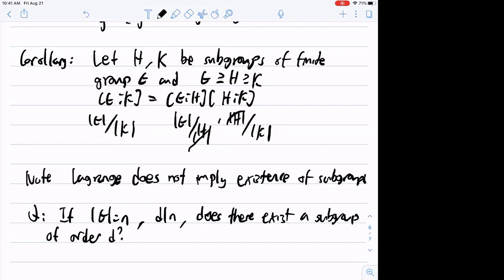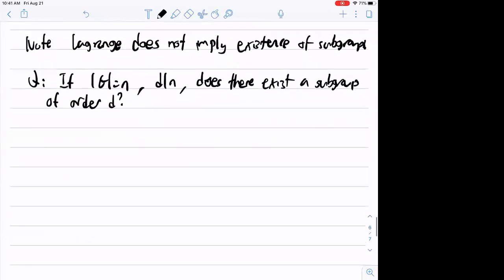I'm kind of going backwards, because before I said if I do have a subgroup of order D, D must divide n. So it's kind of like the converse. Now I'm asking, if D divides n, does there exist a subgroup of order D? And the answer is no.